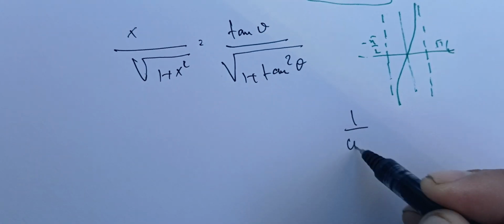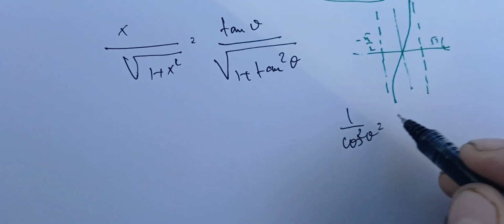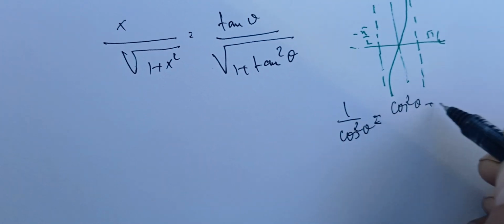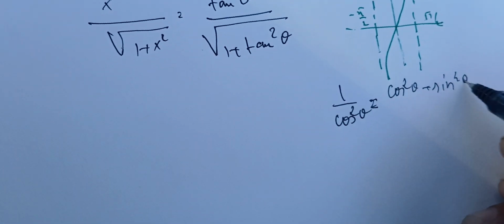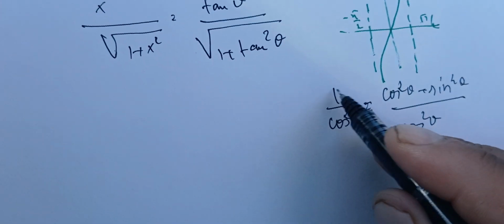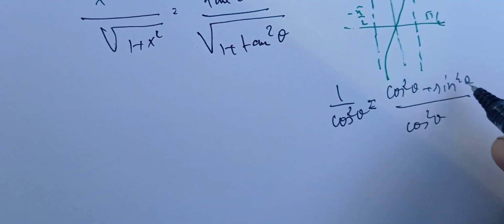1 over cosine squared of theta equals 1 plus tangent squared of theta. Let me prove it, as some of you might not know this. Here it's cosine squared of theta plus sine squared of theta, over cosine squared of theta. I just replaced 1 with cosine squared plus sine squared.